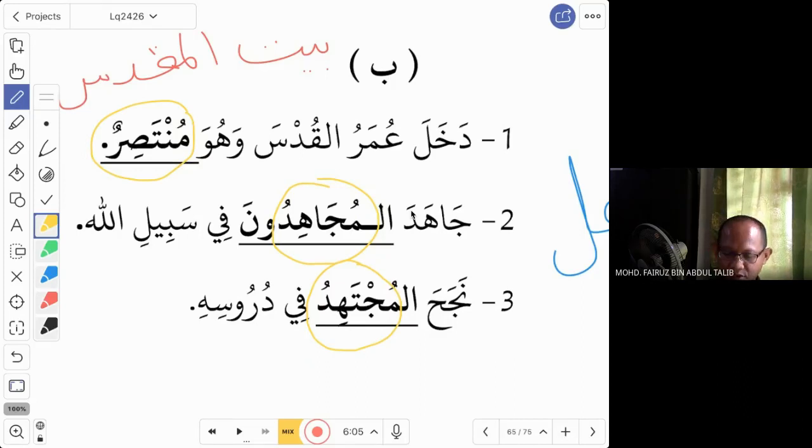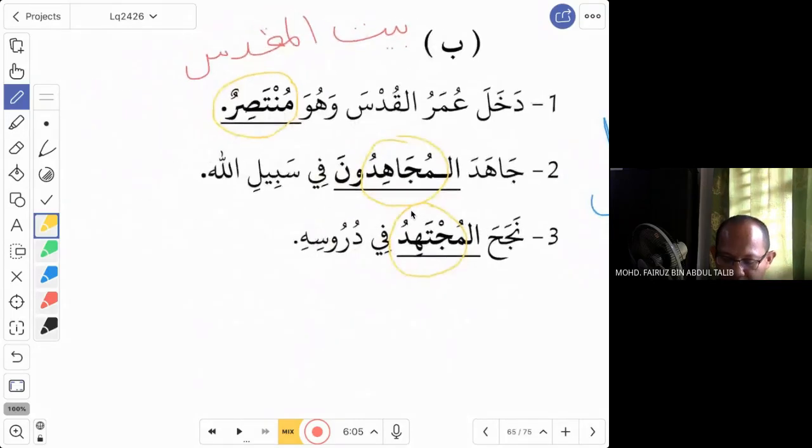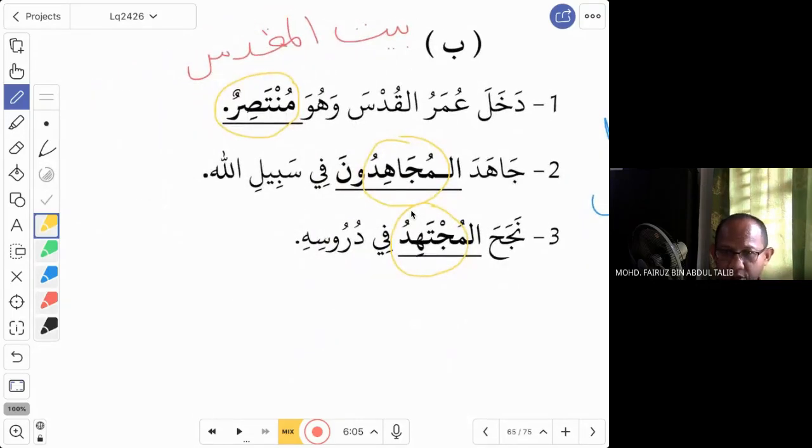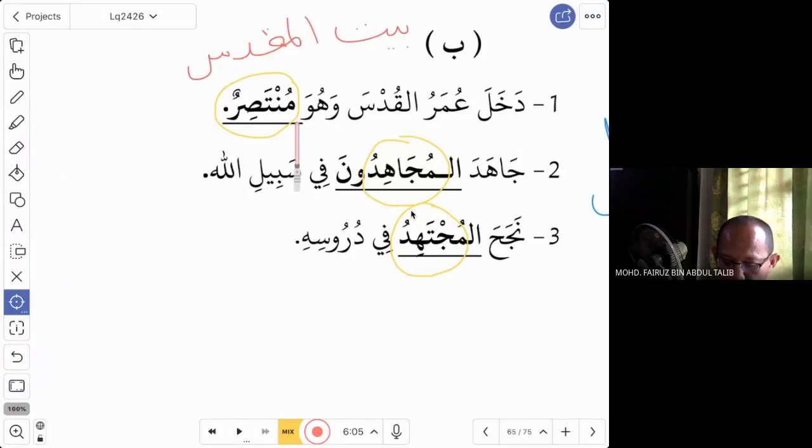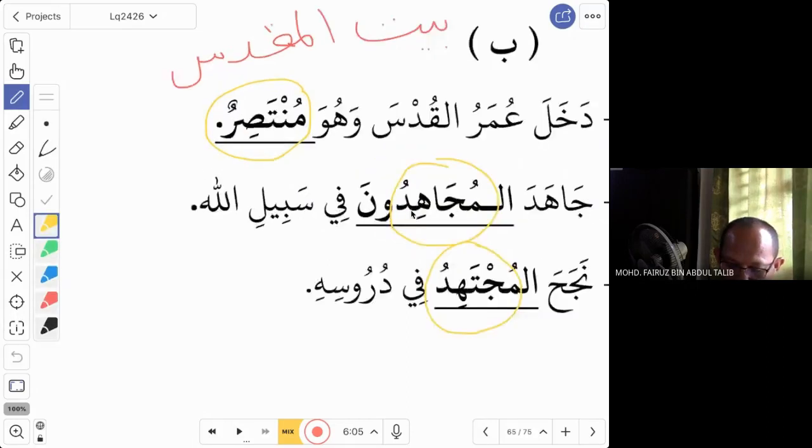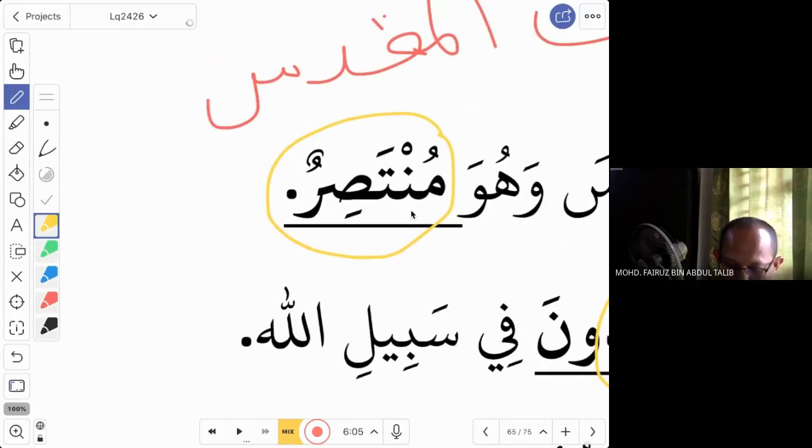So now we want to learn the wazan that we need to follow. How do we change this to isim fa'il? First, as I mentioned just now, this is no longer a 3-letter fi'il. This is 4, 5, 6 letters. The first word, muntasirun, is from the fi'il intasara.